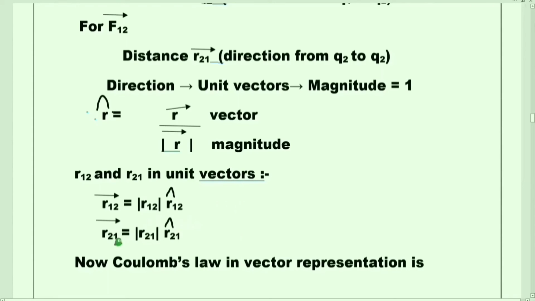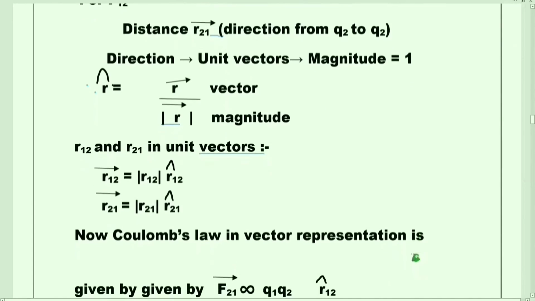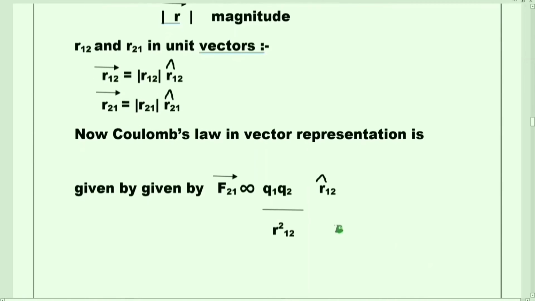For F12 vector, R21 vector is equal to magnitude of R21 into R21 unit vector. Now, Coulomb's law in vector representation is given by F21 vector is proportional to Q1 Q2 by R12 square into R12 unit vector.